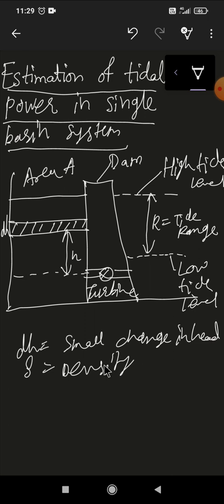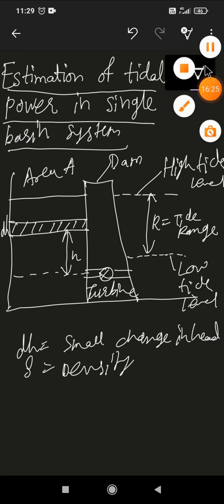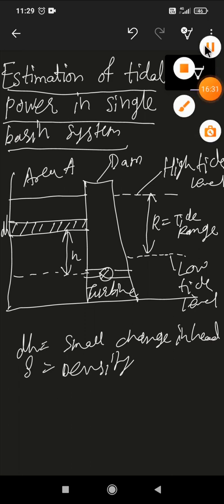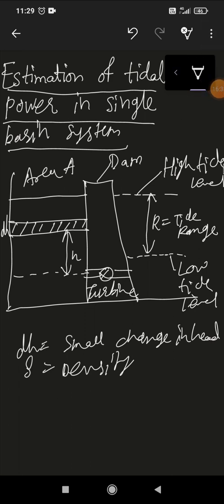Now if we consider an elemental thickness of water dH at a height h, we want to find for the whole tide range. The work done by the water, dW, will be equal to dm into g into h.